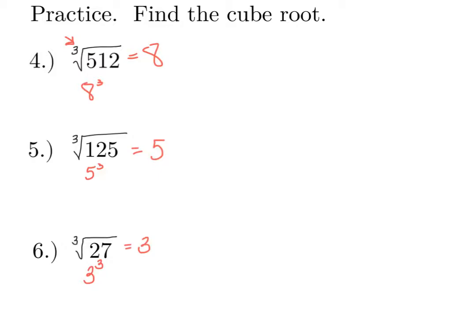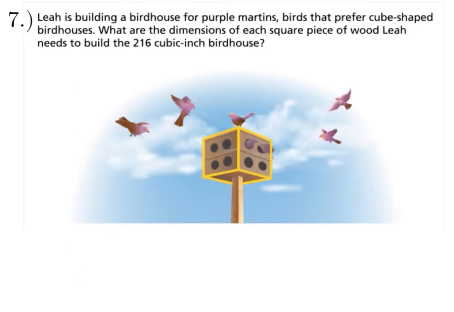I have a couple word problems to finish us up. You do not have to write this whole problem. Let's read it together and we'll write down the important information. Number 7, Leah is building a birdhouse for purple martins, birds that prefer cube-shaped birdhouses. What are the dimensions of each square piece of wood Leah needs to build the 216 cubic inch birdhouse?